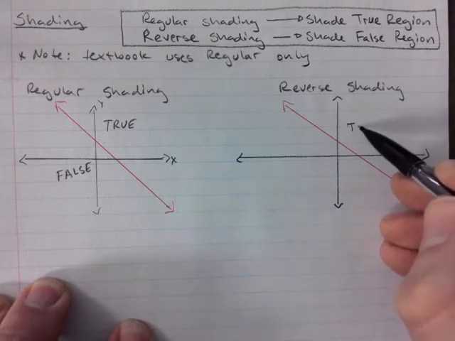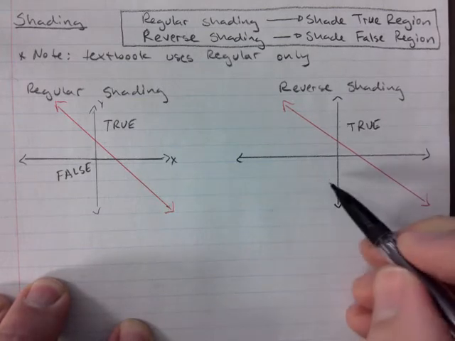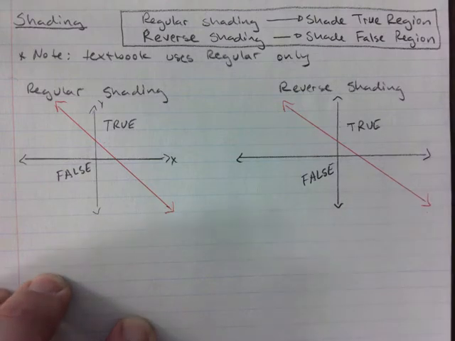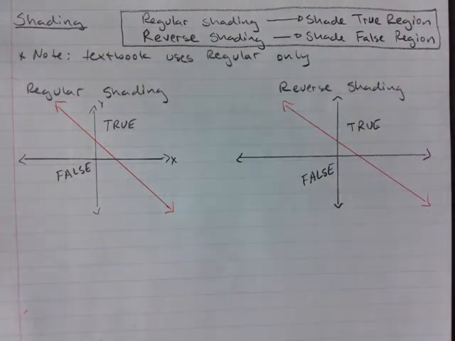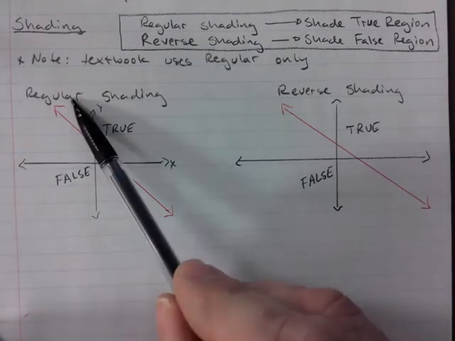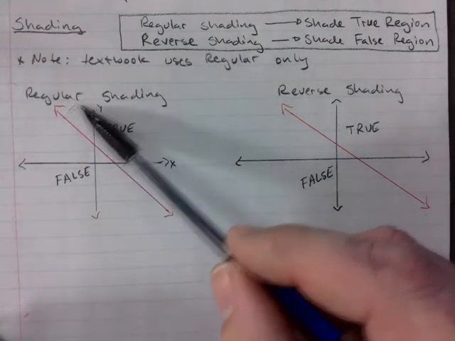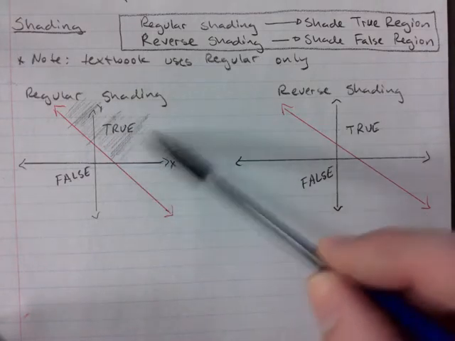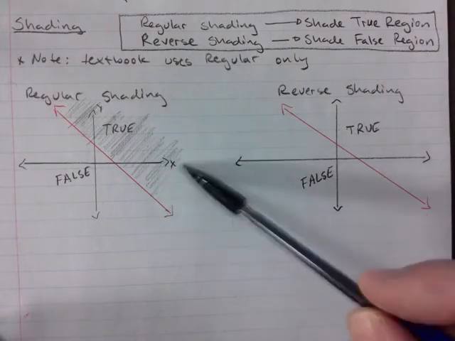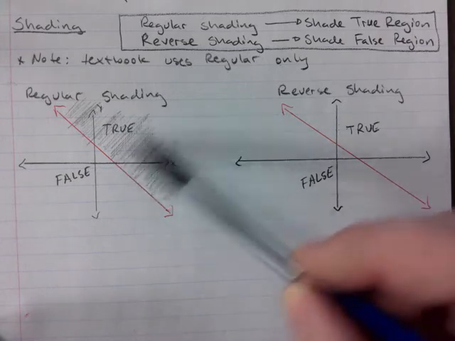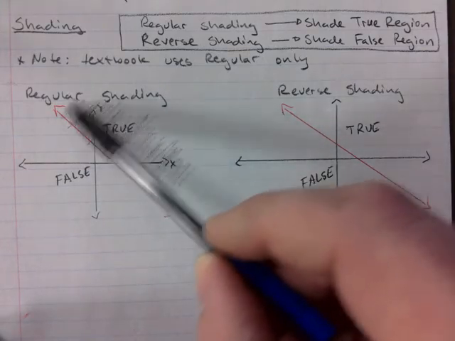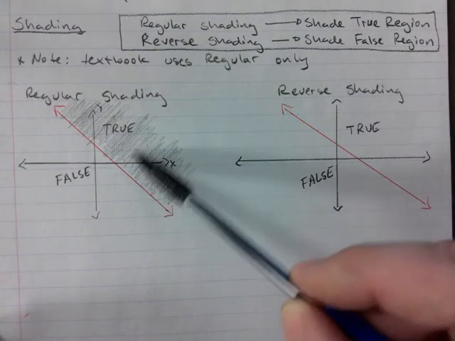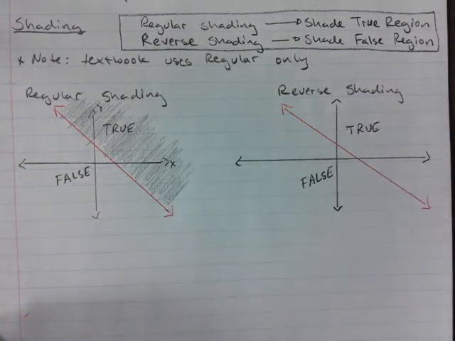Since we're talking about the exact same inequality, true and false would be in the same exact place. So with regular shading, we shade the true region, and this is where coloring between the lines comes back, right? You thought, when are we ever going to use this again? Right here in grade 11, who knows? There you go.